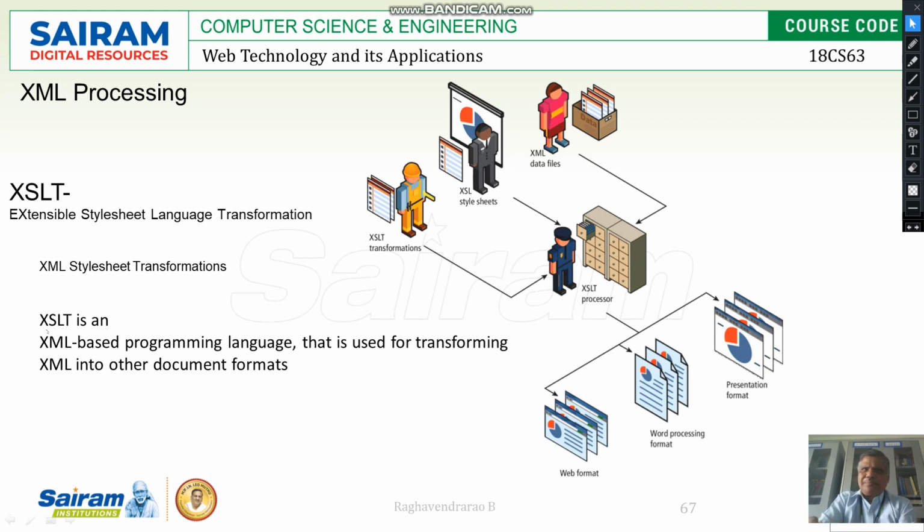So that's what it is saying: XSLT is an XML-based programming language that is used for transforming XML into another document format, either web format, word processing format, or presentation format. That's why the name suggests XSLT, Extensible Style Sheet Language Transformation.